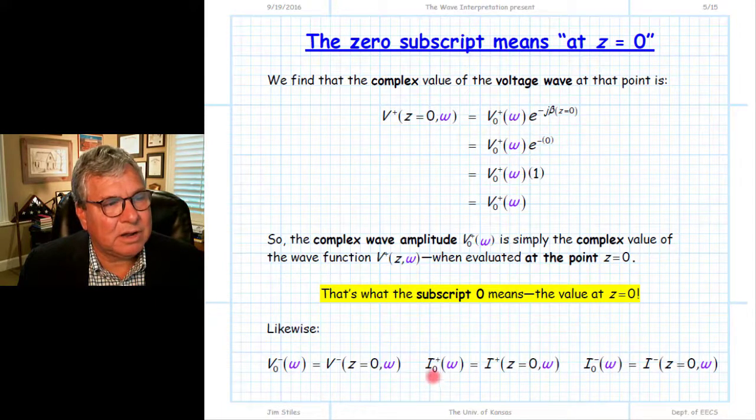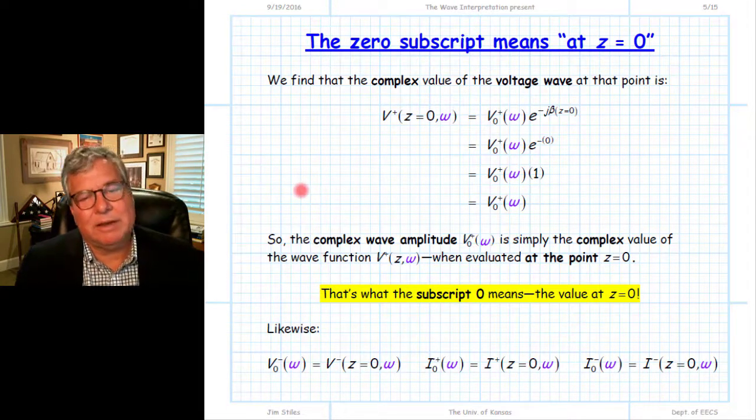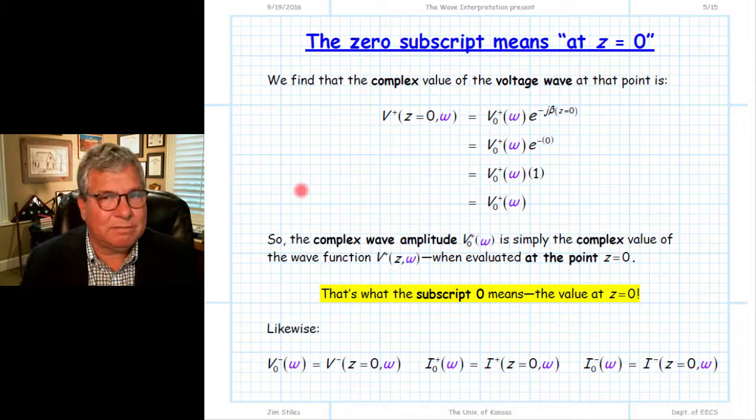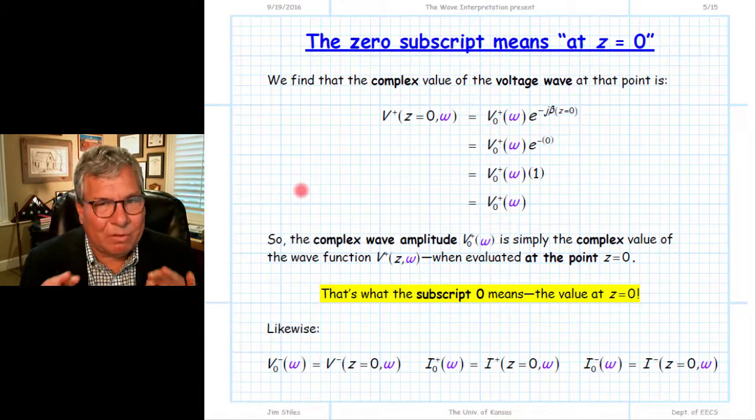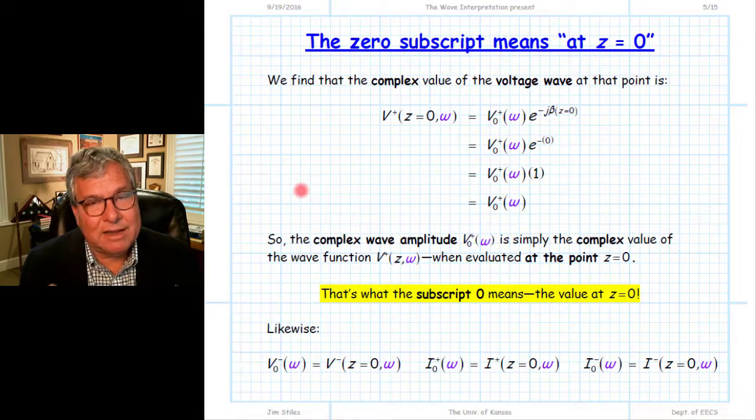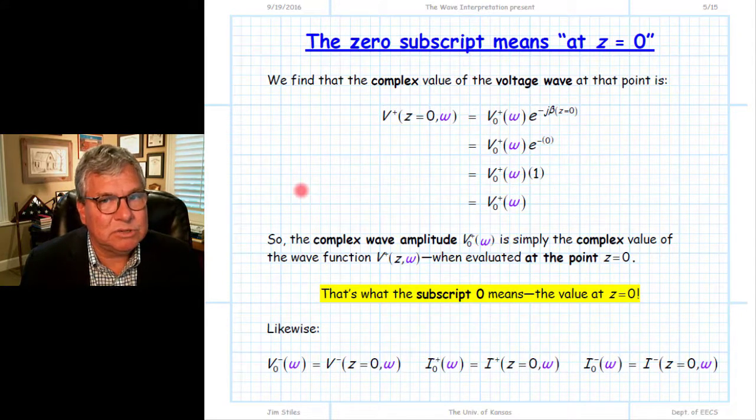Same thing for I0 plus, and the same thing for I0 minus. And so again, from the four complex wave amplitudes, we can determine the value of the voltage and current for each individual wave at one location only, and that location is z equal to 0.